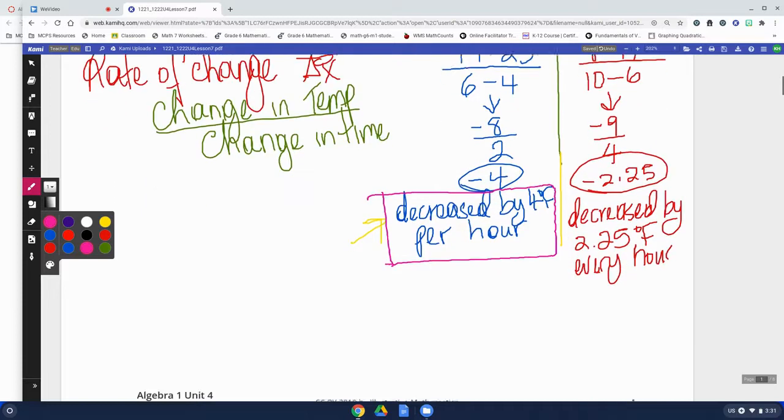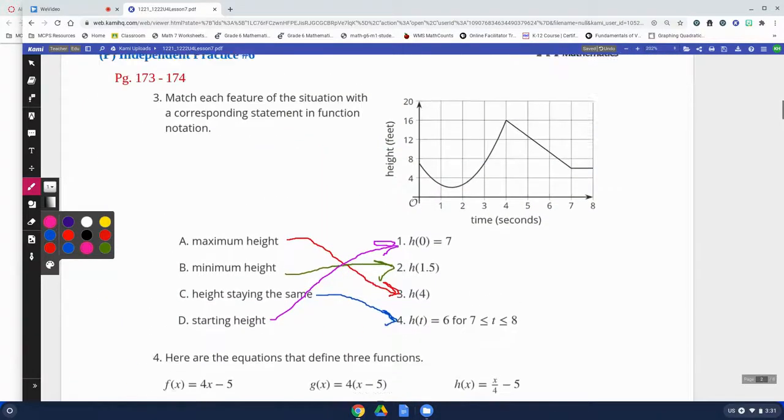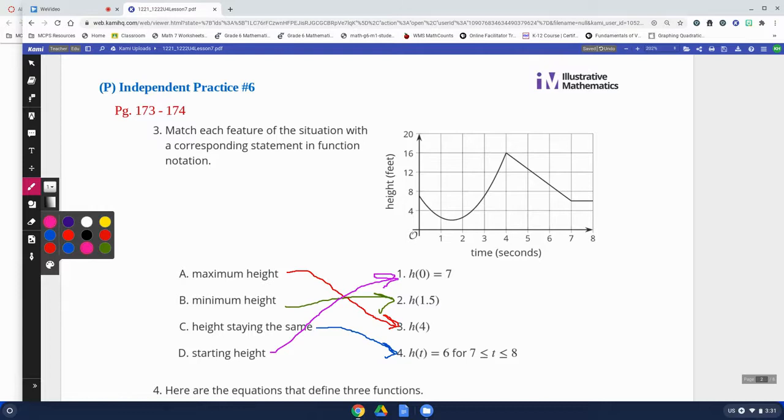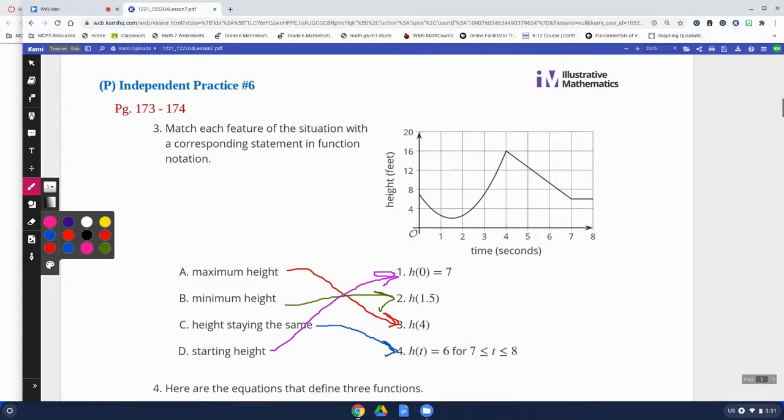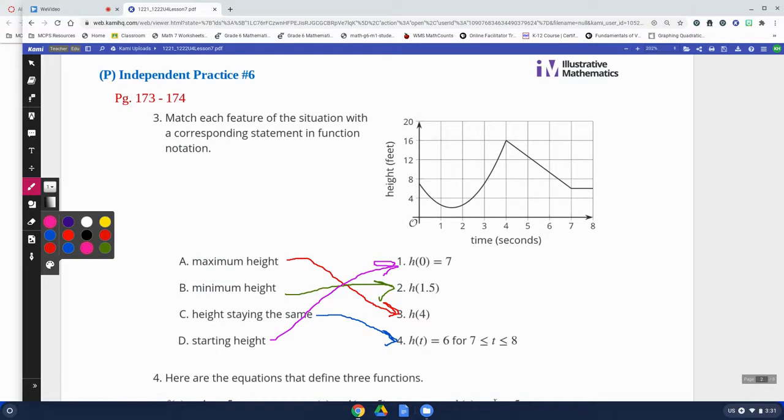Okay, let's take a look at the homework assignment. That was pages 173 to 174. The maximum height was right here, when the H was 4.